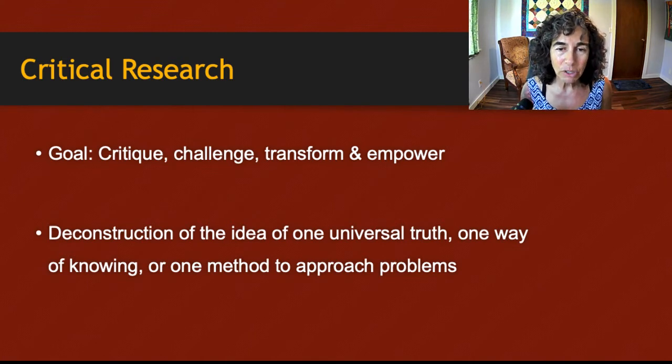So we're deconstructing the idea that there's one universal truth. We're taking the idea that me, with all my demographics, am potentially different from you, with your background, your culture, your demographics, your socioeconomic status, your family structure, all of that.